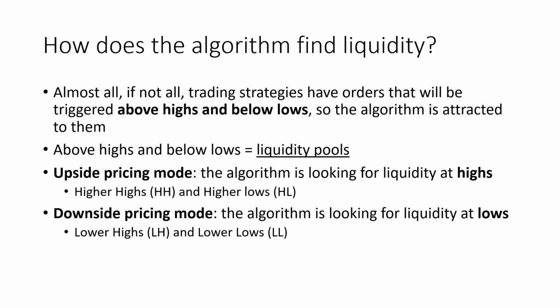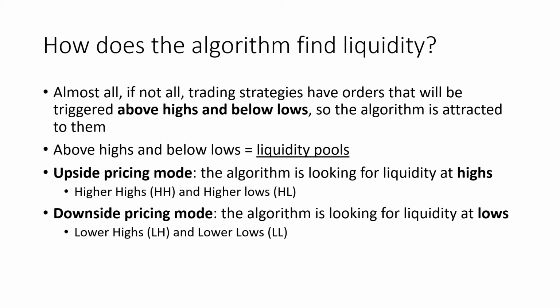When you trade those types of strategies, you have orders placed above highs and below lows. Those orders can be stop loss orders, which will get you out of a bad trade, or they can be stop limit orders which will get you into a sort of breakout trade. There's so many types of trading strategies, but almost all of them have orders placed above highs and below lows. So the algorithm uses this fact that exists among the trading community to know where to look for liquidity pools.